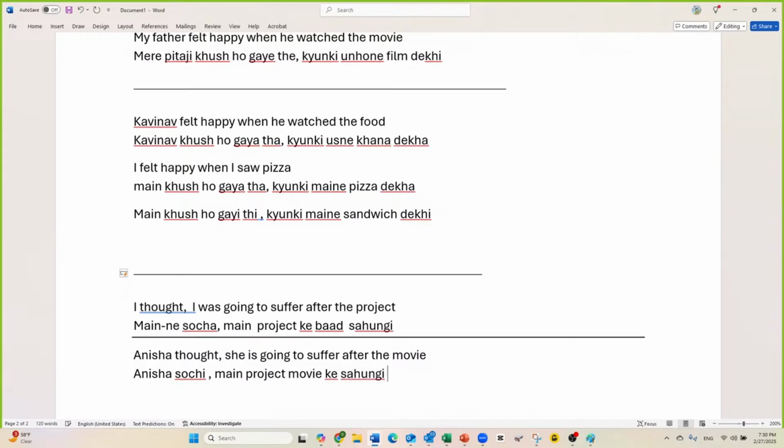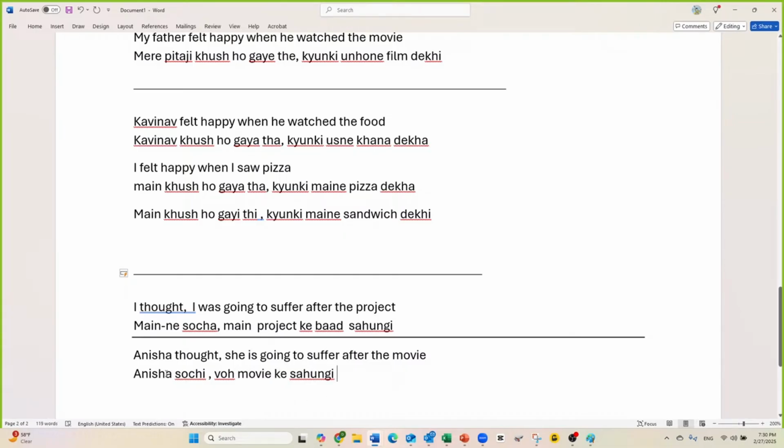So who is suffering in this sentence? Anisha. And then why did you say मैं project के बाद? Oh wait, what we have to say is she. Yeah, she. So the Hindi word for she is not मैं, it is वो. Okay.